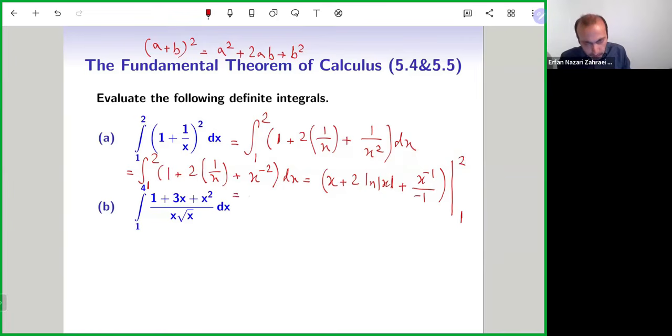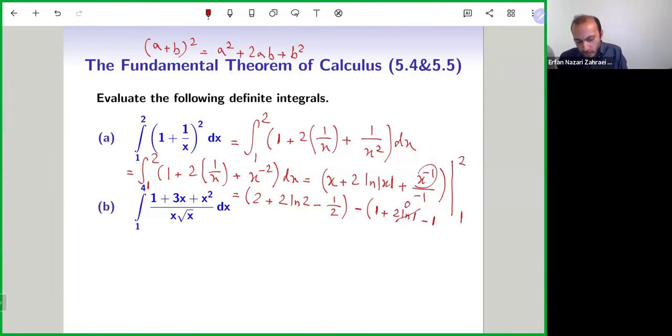Plugging in 2, you get 2 plus 2 ln 2, absolute value of 2 is 2, and then minus, because of this negative sign, and this is 1 over x, so when you plug in 2, you get 1 over 2. Minus, plug in 1. You get 1 plus 2 ln absolute value of 1, and ln 1 is 0.